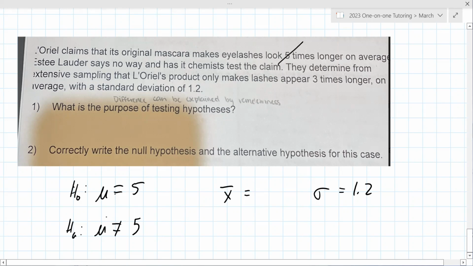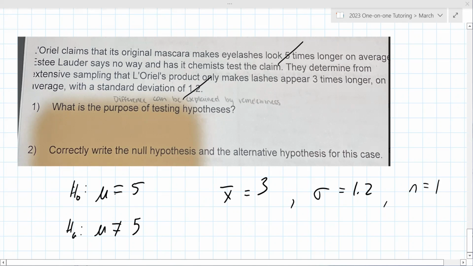You've already used the 5. And so the X bar has the same units as the mu. It's another thing to look for. Now they don't specify this, but I guess we're going to assume n is 1 because we don't have any other reasonable thing here.